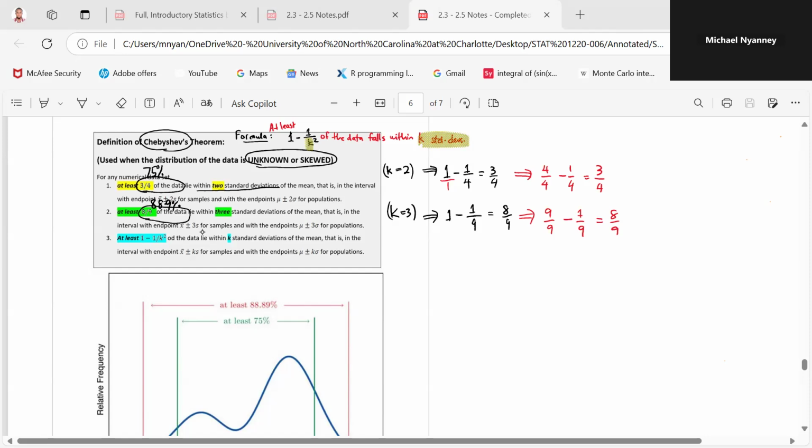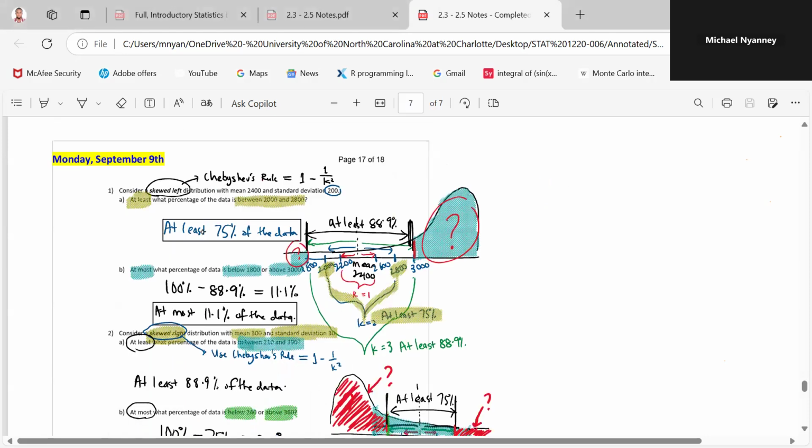Okay, so let's see some examples. Just as we did for the empirical rule, we are going to apply the same thing. Locate the mean, but since you are starting with K equal to 2, we double our standard deviation. Because if you go 1, it means that 0% of your data set falls within that interval.